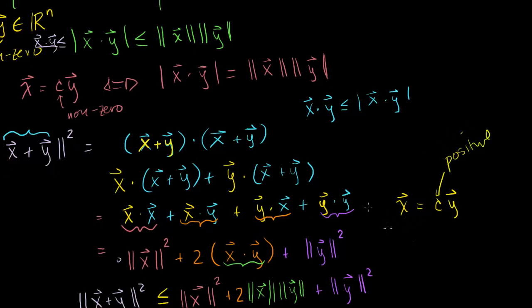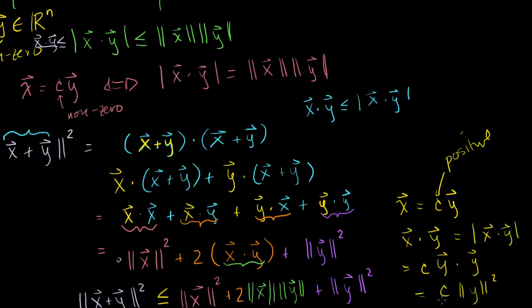Because if c is positive, then x dot y would be the same thing as c y dot y, which we know is just c times the magnitude of y squared. And the only way I can assure that this expression is equal to the absolute value of x dot y is if c is positive. If c is negative, then this is going to be a negative number while this is a positive.